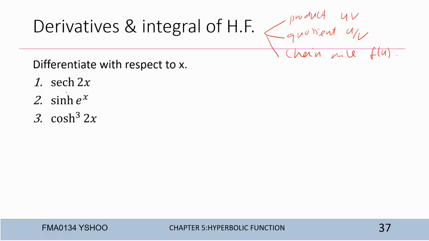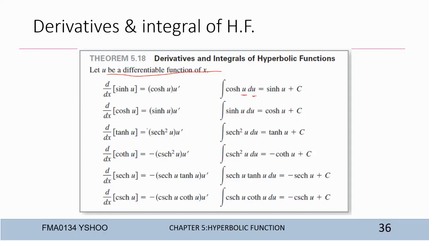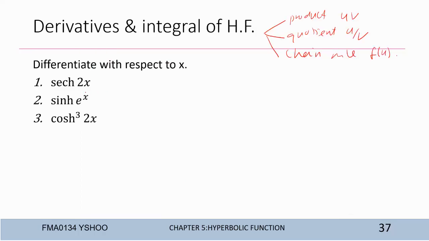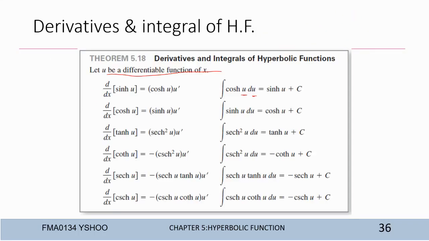Now, when we want to differentiate sech, we look at our sech. Differentiating sech u gives negative sech u tanh u, but this is sech 2x, so our u actually is 2x.